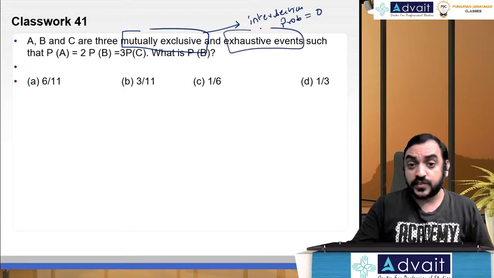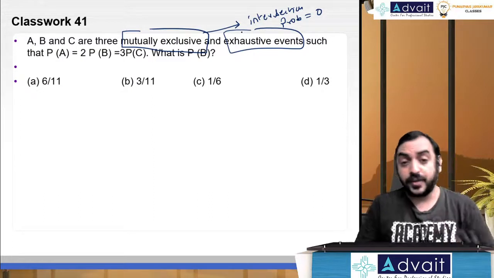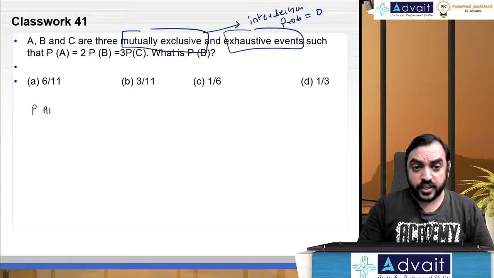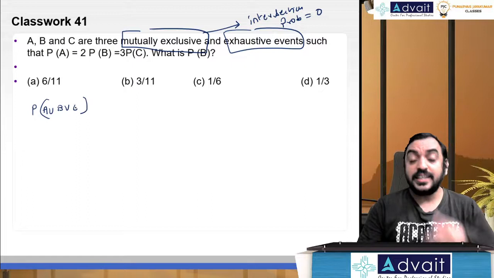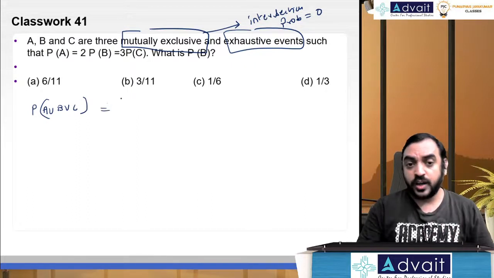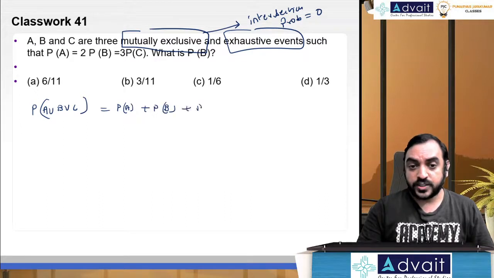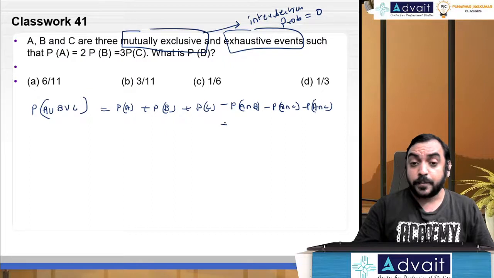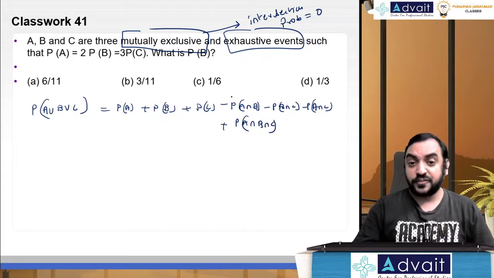And exhaustive events means they will happen. So probability of A union B union C, if I write, what is the formula? Probability of A plus probability of B plus probability of C minus probability of A intersection B minus probability of B intersection C minus probability of A intersection C plus probability of A intersection B intersection C is the formula.